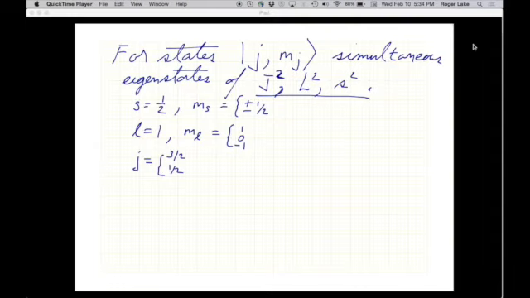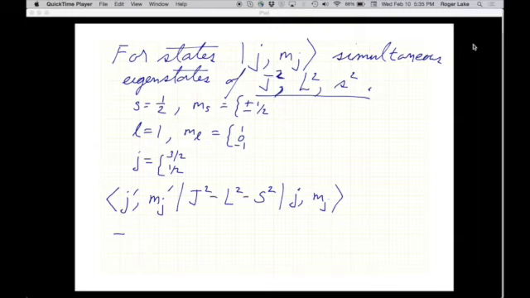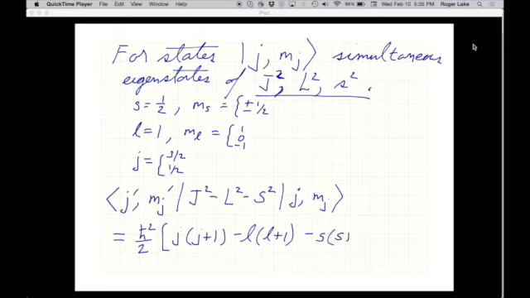The motivation for why we want to work in this basis is that if you take the matrix elements of our L dot S, that's equal to h bar squared over 2 times J(J+1) minus L(L+1) minus S(S+1).